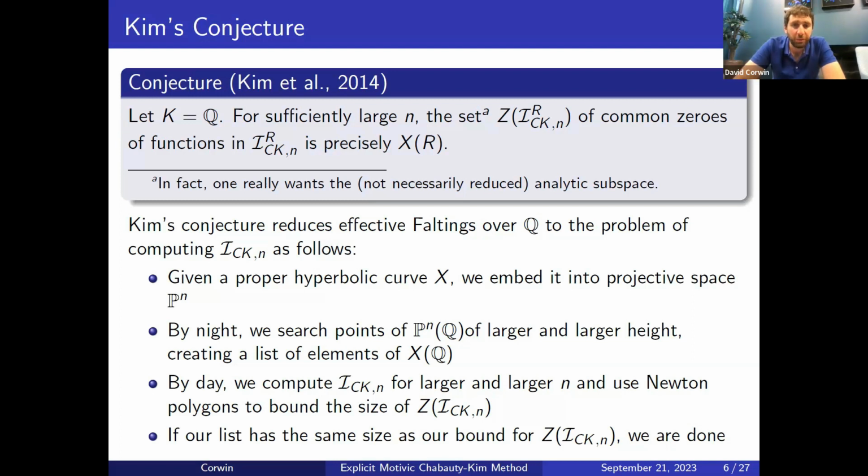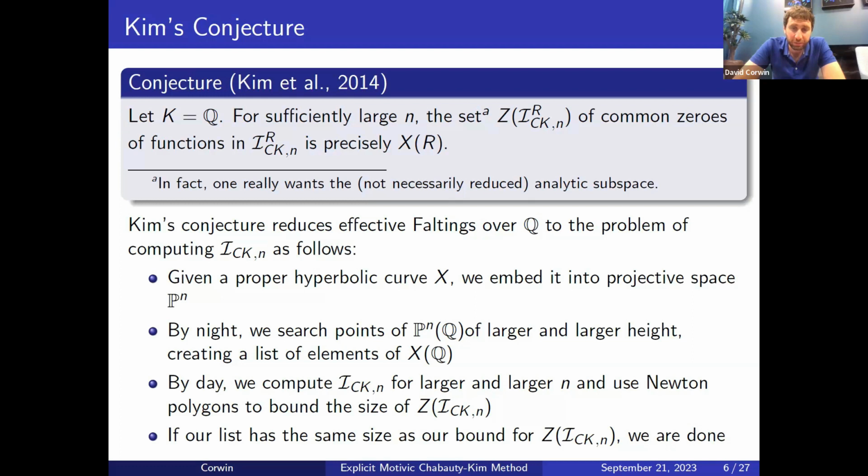If we want to talk specifically about effective Faltings over Q, in the case of a proper curve, we're given a proper curve and we embed it into projective space. One thing you can do is simply search explicitly for points: list all of the rational points in P^n, and keep checking them one after the other to see which ones are contained in X.